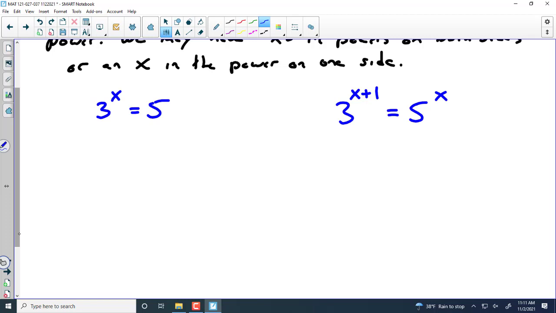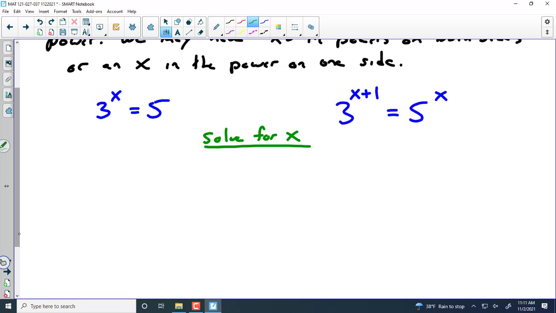In some problems, we might have an x in the power on one side. In some problems, we might have an x in the power on both sides. Everyone with me? The goal is still the same. Solve for x.